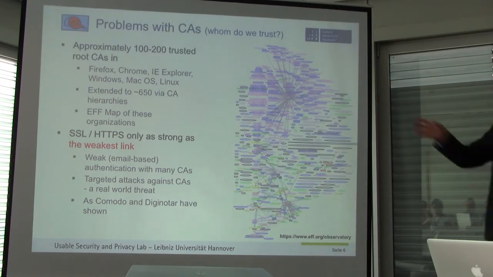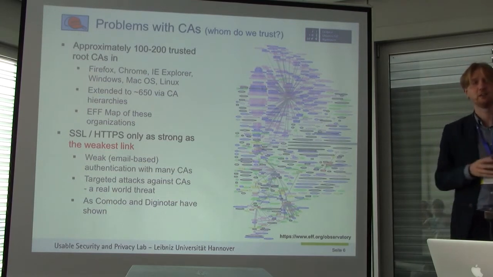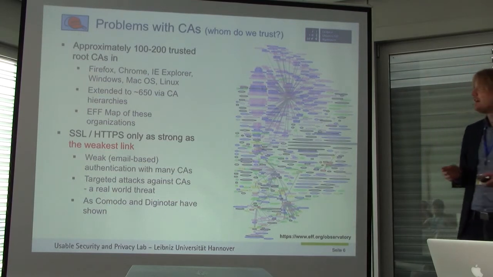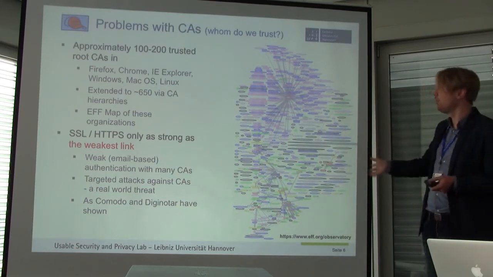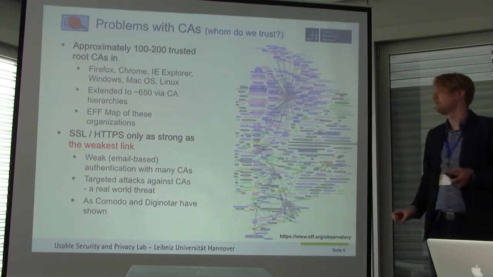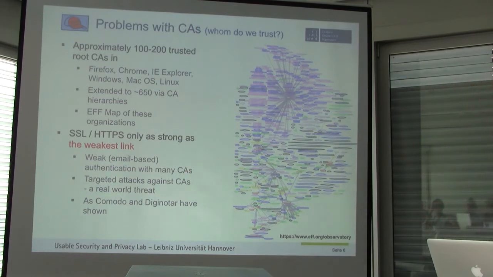Currently, we trust 100 to 200 different certificate authorities to sign any certificate anywhere on the internet. And SSL and HTTPS is only as strong as the weakest link in this big graph. There have been real-world attacks against certificate authorities. So this is a very real threat, which Henning did talk about.